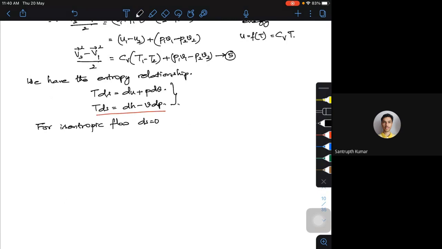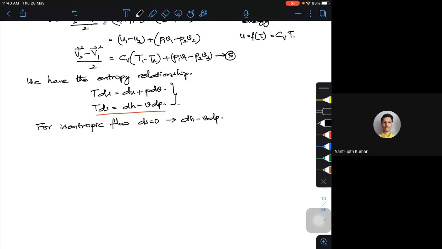If TDS is equal to 0, I can write DH is equal to VDP. This equation will become DH is equal to VDP. Are you getting it?